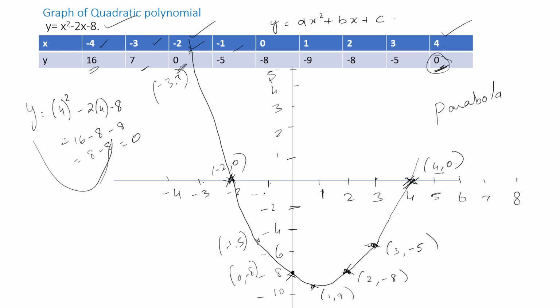A quadratic of the form y is equal to ax square plus bx plus c will always have an upward U-curve or a downward U-curve, and where it cuts the x-axis, 4 and minus 2, on substituting this you will get the value of y as 0. So these are the zeros of this quadratic polynomial.